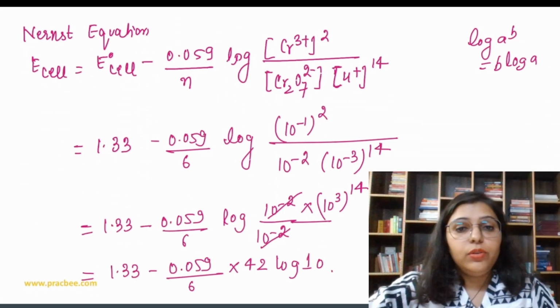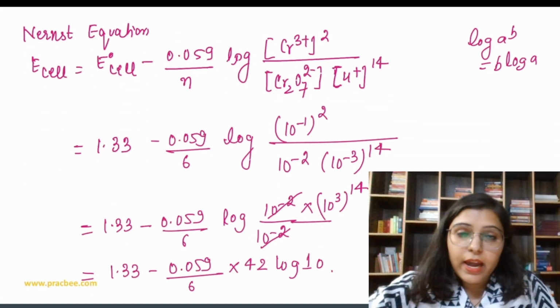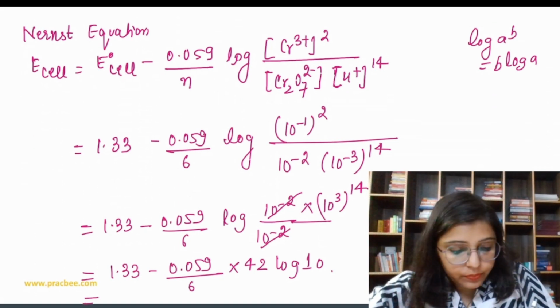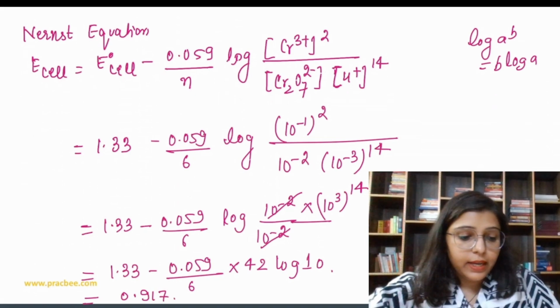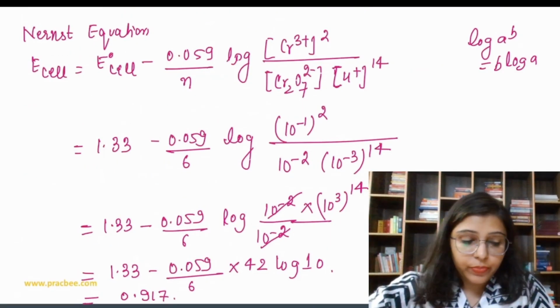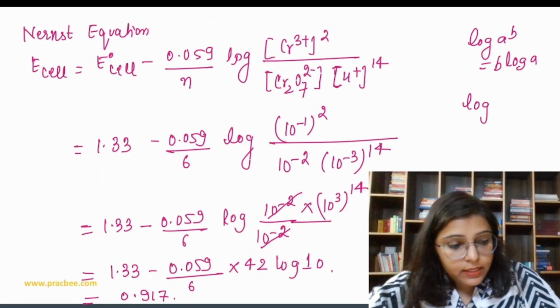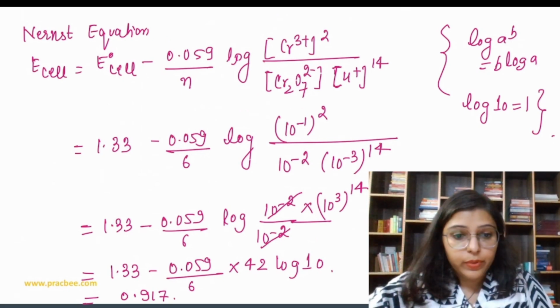Now you have to solve the value, and you get the answer as 0.917. On solving, log 10 is equal to 1. So you get E cell equal to 0.917.